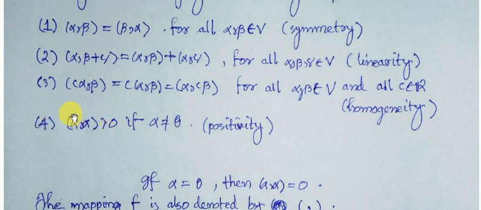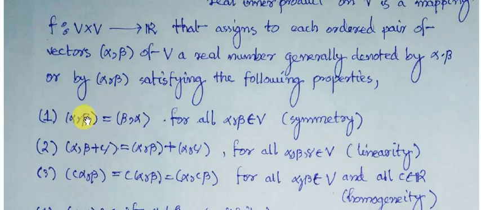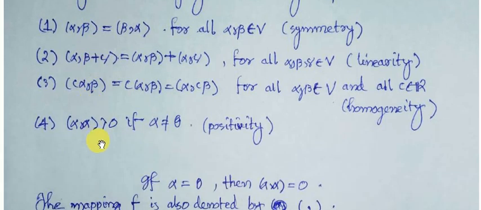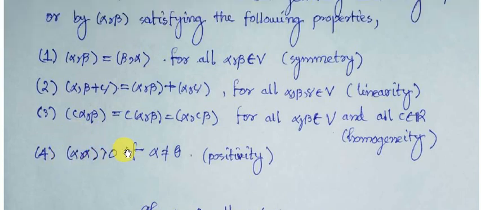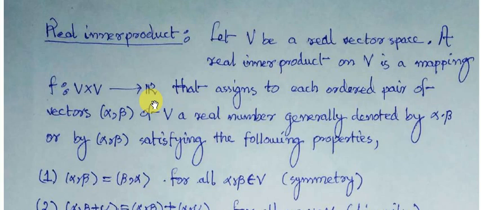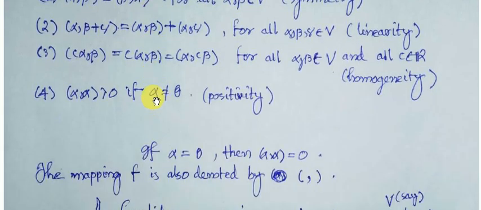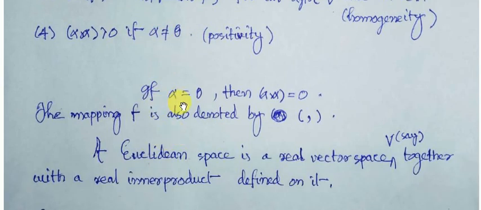Obviously this is a point of the domain of definition of the function f, and the positivity condition tells us that the functional value of this point alpha comma alpha will be a positive real number, provided alpha is not a null vector theta. If alpha is a null vector theta, then that functional value will be 0.